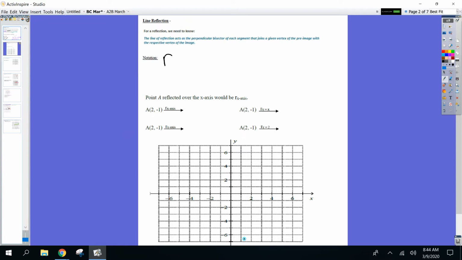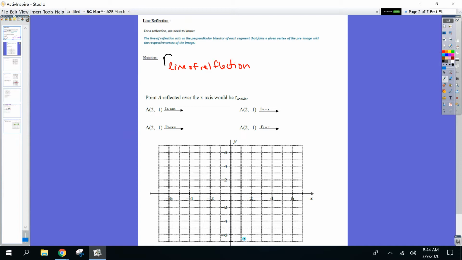Anybody know what I mean by subscript? A little something down below, right? And down below, what you guys will see is the line we're going to reflect over. Whatever line we're going to reflect over, that'll be the subscript. So I'm just going to write line of reflection here. Okay. So that's what you'll see in the subscript.